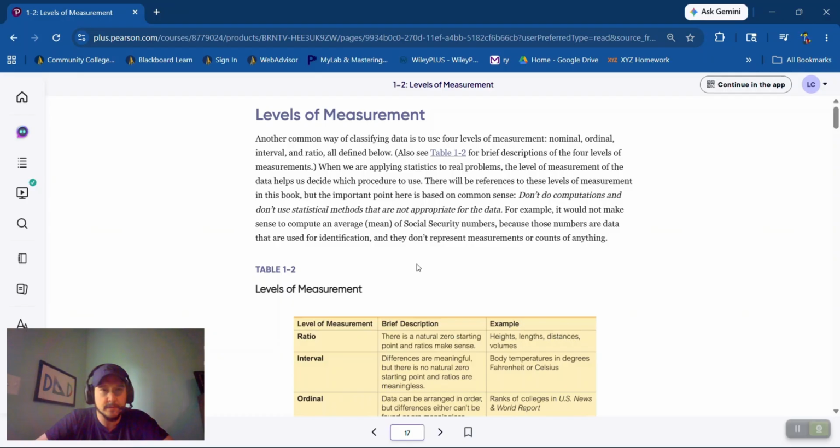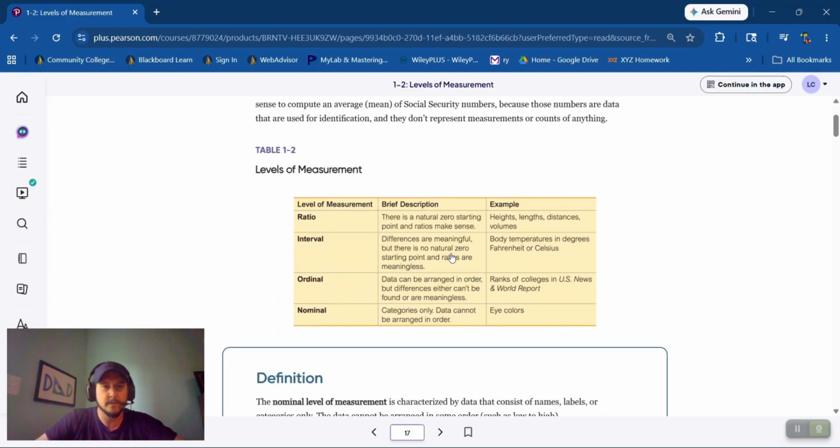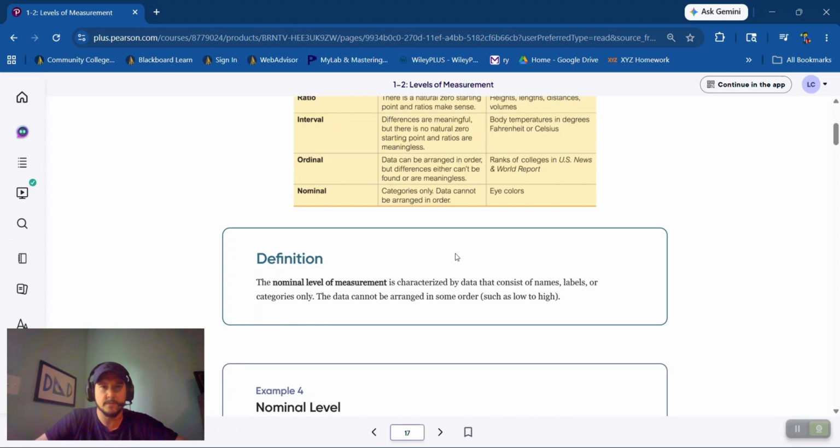It's nominal. This is actually, oh, there it is. This is out of order in the physical copy of the textbook. I'll have to make a note of that.